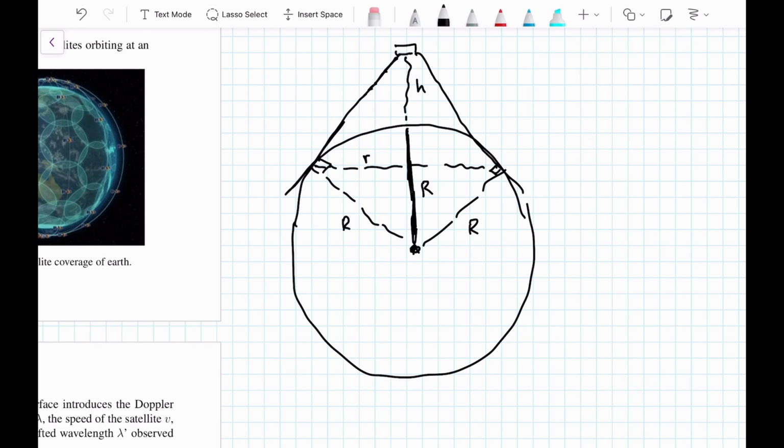I don't think we can utilize any of the triangles in this case. So let me see if we can utilize any of the angles. Let's say this is theta, then this angle is 90 minus theta, and then this angle is theta.